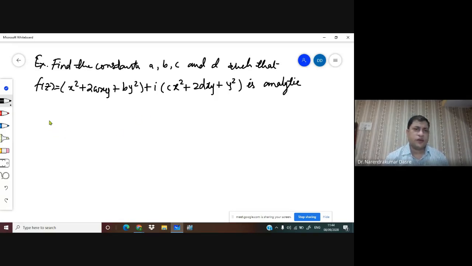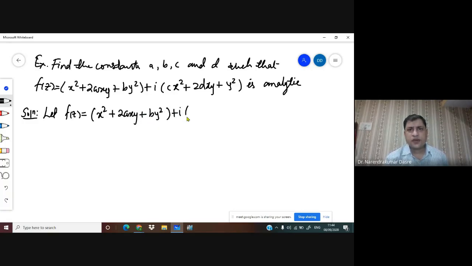Now we have to simplify this. So we go with the solution. f of z is equal to x square plus 2axy plus by square plus i times cx square plus 2dxy plus y square, be an analytic function.